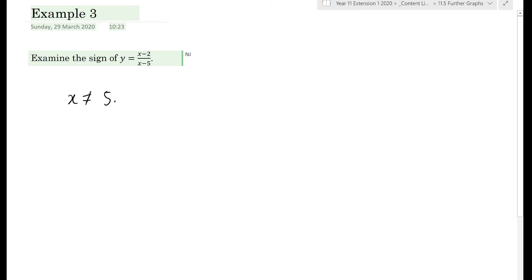Okay? Now, the other part is, where is my 0 for this equation? When is this thing equal to 0? Well, it's equal to 0 when x is equal to 2. So zeros when x is equal to 2, because if I substitute 2 into this equation, I get 0 on the top and I get something on the bottom.